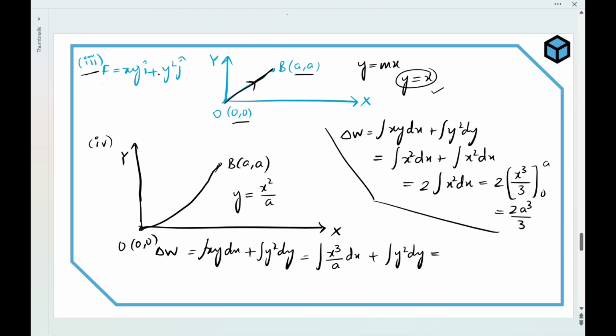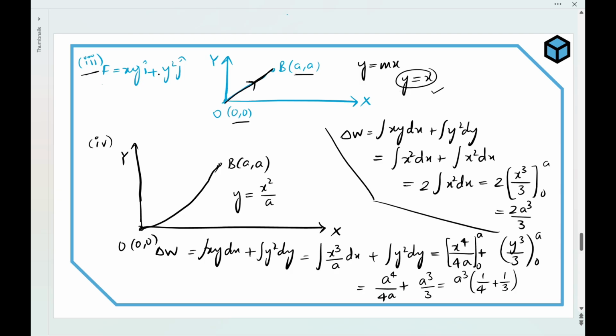So that would be x power 4 by 4a plus y cube by 3, where x is going from 0 to a and y is also going from 0 to a. So that would be a power 4 by 4a plus a cube by 3. Taking a cube common, 1 by 4 plus 1 by 3, which is 7a cube by 12. So this is the final answer.